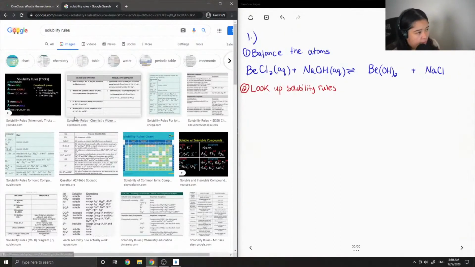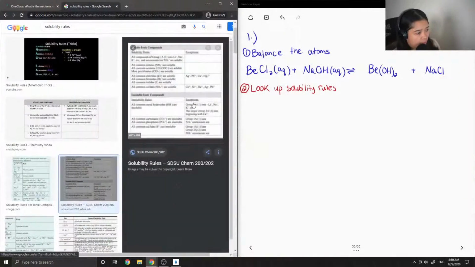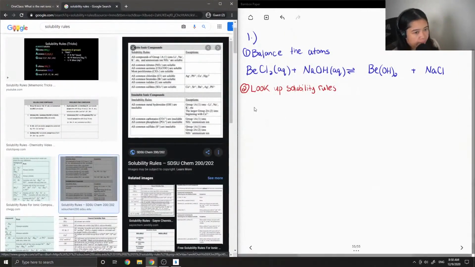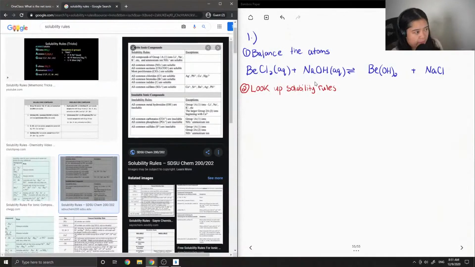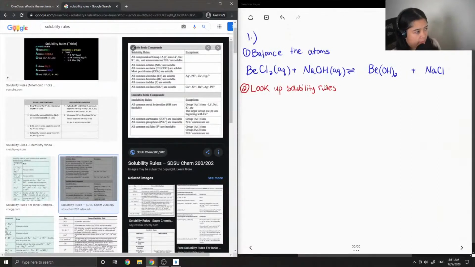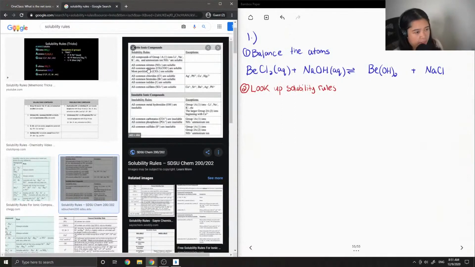Okay, so we can use any of these. Okay, so these are the solubility rules. First up, we have beryllium hydroxide. So if we look at the rules, it says all compounds of group 1A ions and ammonium are soluble. So beryllium is not a group 1A ion.